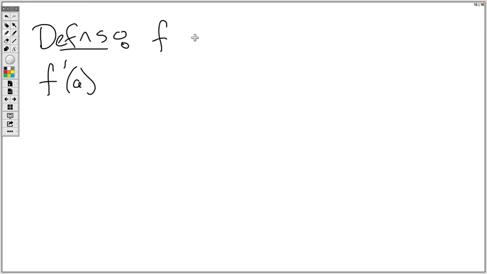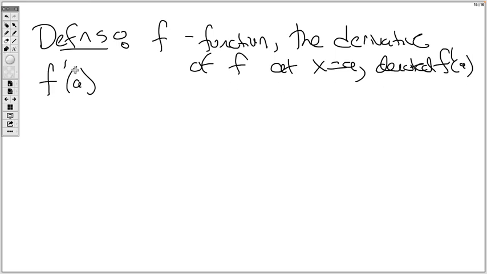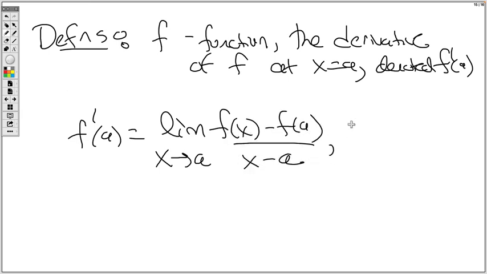You've got a function f. The derivative of f at x equals a, denoted f prime of a, is f prime of a equals the limit as x runs off to a of f of x minus f of a over x minus a, provided the limit exists.